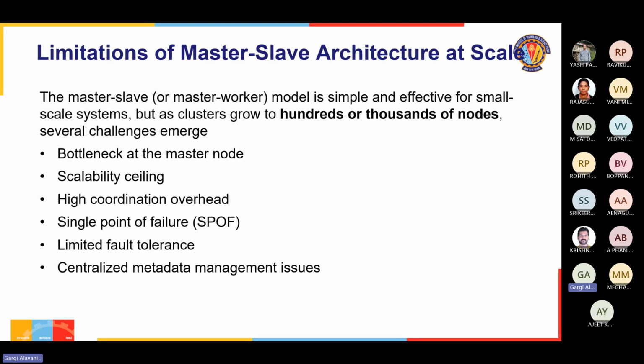We have to take a backup of the master, then do the leader election, choose a new master if we want to recover from these failures. And this is not as easy as it sounds. This adds complexity, and also adds extra overhead and delay in the performance of your system.